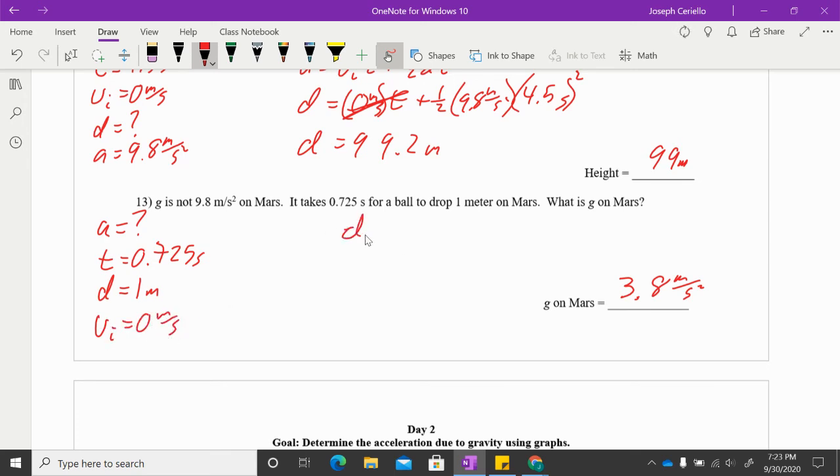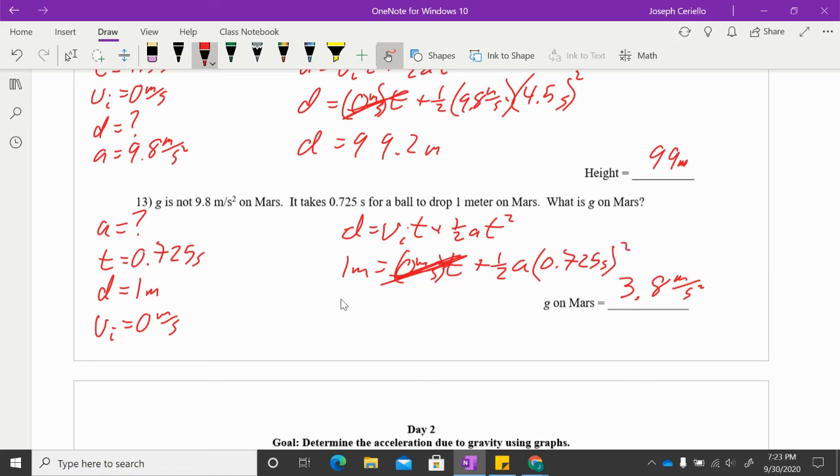So this is actually the exact same calculation you've been doing for a lab earlier when you did all the accelerations. Let's see, d is going to be 1. The initial is going to be 0 meters per second. Forgive my messy handwriting, but I'm dictating at the same time so you can follow along with what I'm saying. That whole term becomes 0 plus 1/2. A is our unknown, and t is going to be 0.725 seconds, and that whole thing is squared.